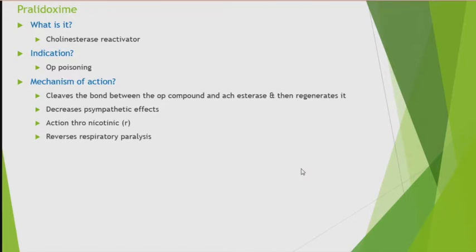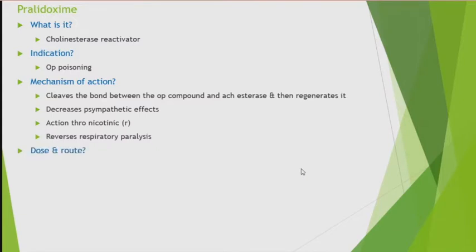This one will be acting through the nicotinic receptor, no? Yes. It cleaves the bond between the organophosphorus compound and acetylcholinesterase, and thus it regenerates the enzyme. Okay, sir. And it decreases the parasympathetic effects also, and helps to reverse the respiratory paralysis.